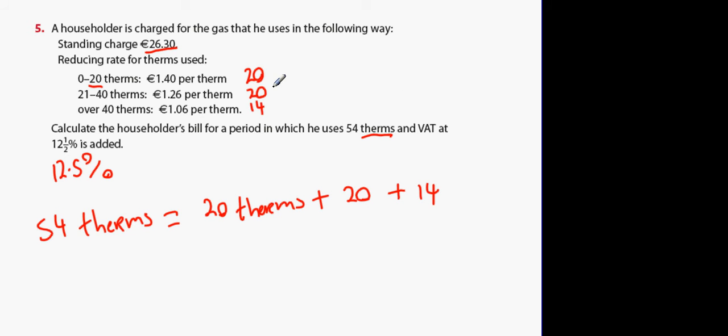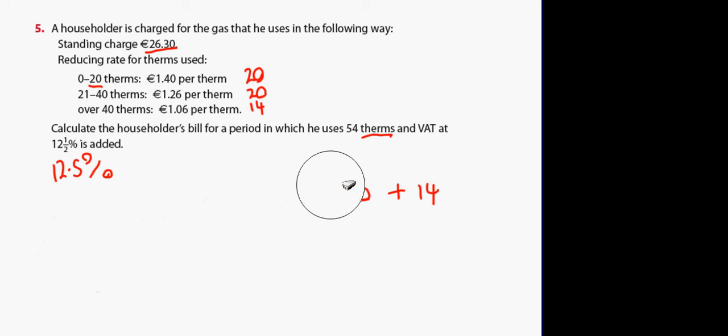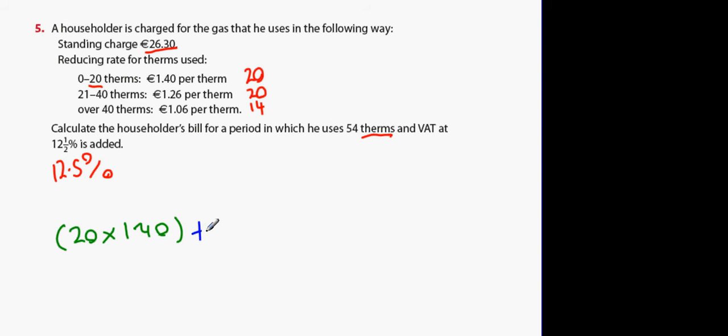Now we've got to calculate their values, okay? So let's calculate the total value of all of them put together. The first one, we'll do in green, is 20 multiplied by €1.40. The second one is plus 20 times 1.26. The third one is 14 multiplied by 1.06.